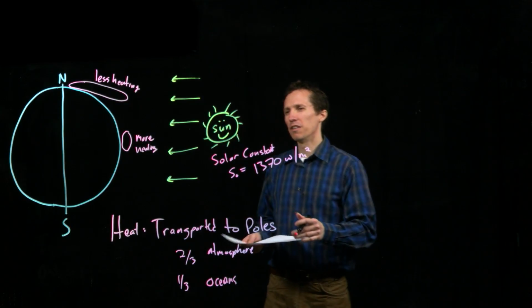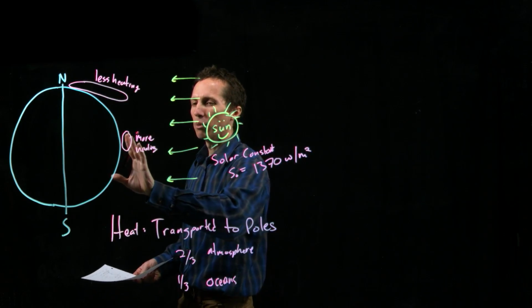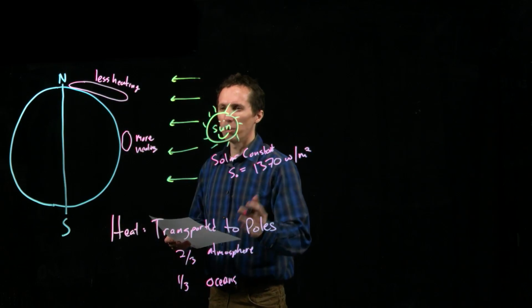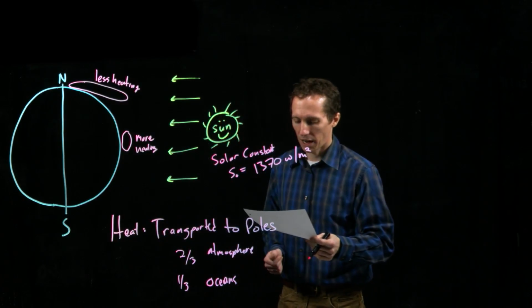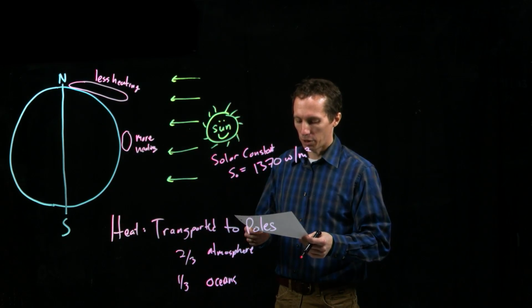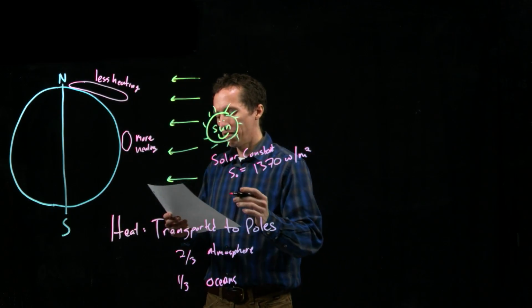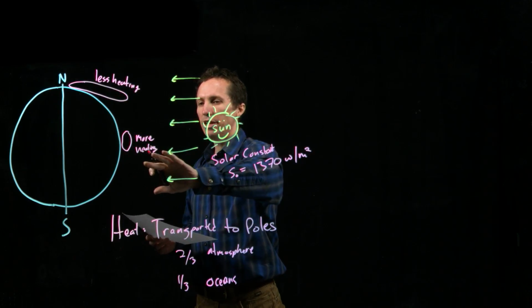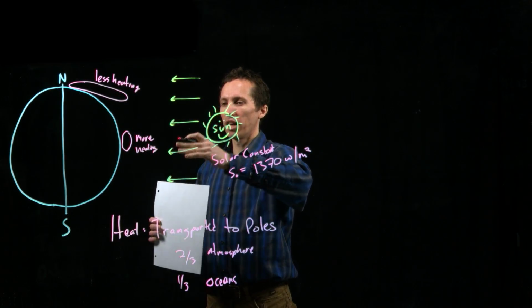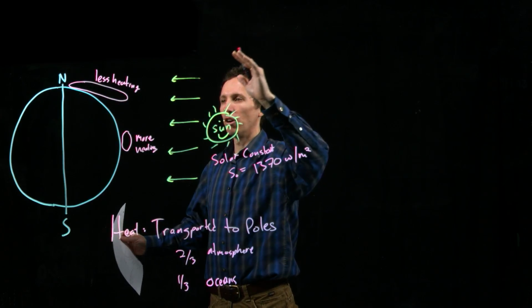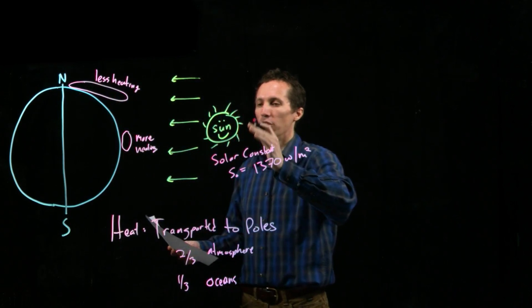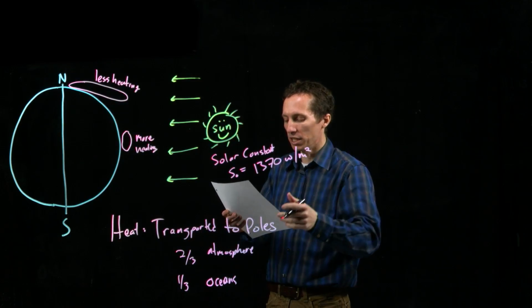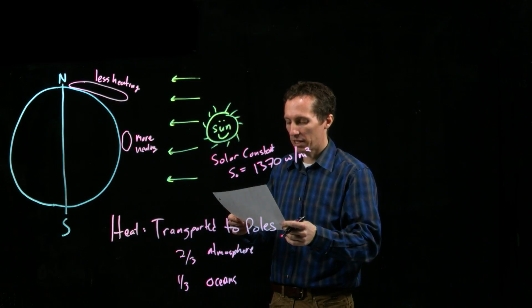So if this was just a still planet and it wasn't moving, and we were getting this incoming radiation as we are, we would have essentially less heating here, more heating here. The planet is radiating heat from all portions of its surface back into space and losing heat back into space that way.